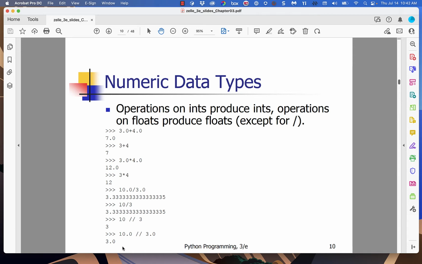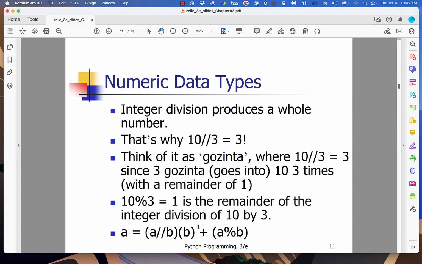So we throw off the fractional part because using the double slash says, I want to do integer style division, okay? But because we use floats, it goes, oh, and then I want to convert it back to a float. So we've lost that 333333, but we have a float answer. Now, what the use case is for this, I'm not exactly seeing at this point, but we can make it happen.